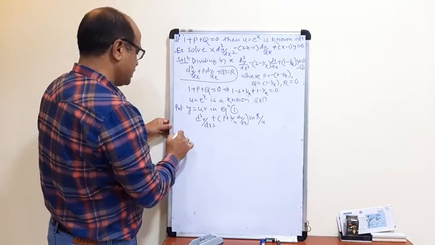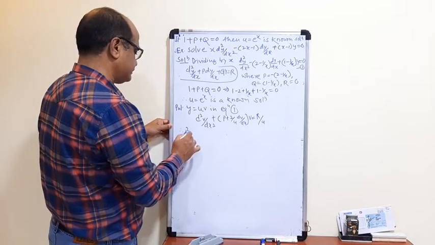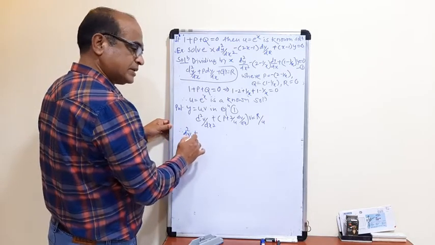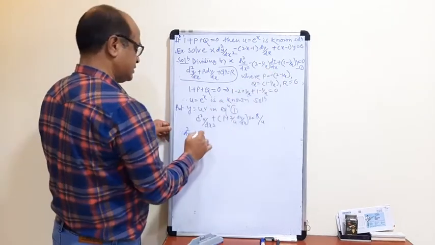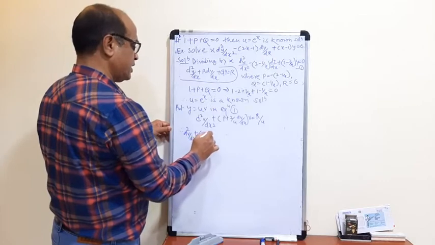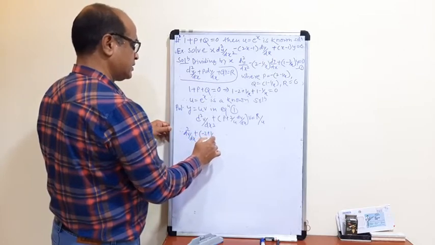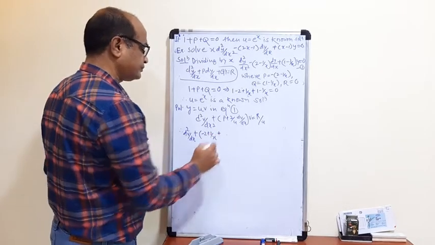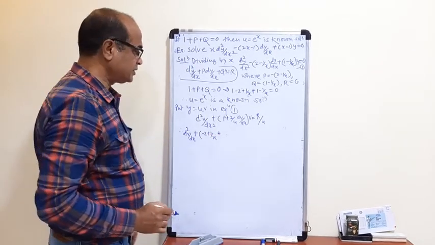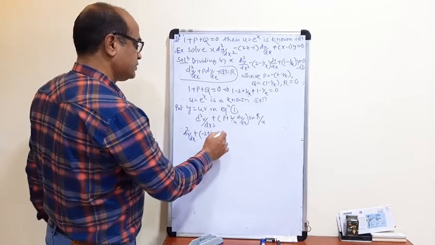So therefore d2v by dx square plus, so what is p? P is this, minus 2 plus 1 upon x, plus 2.